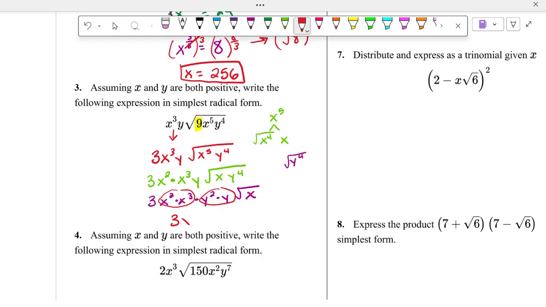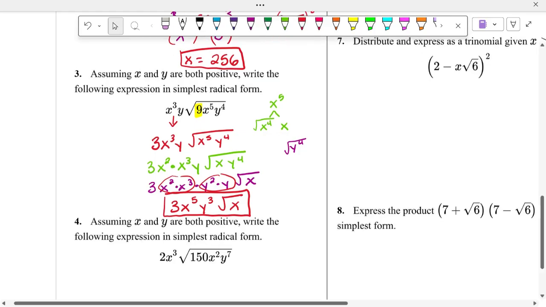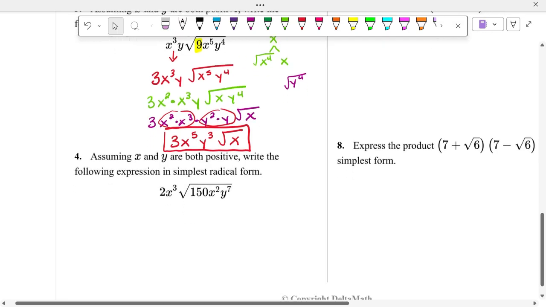I would get 3x to the 5th. Add them. It's not a power rule, it's just products, so you just add them. Y to the 3rd, 2 plus 1, square root x. Any questions on number 3?